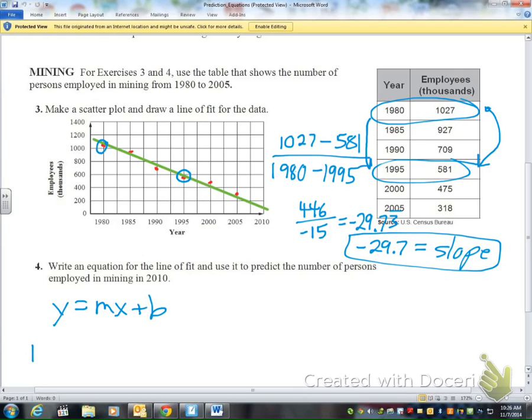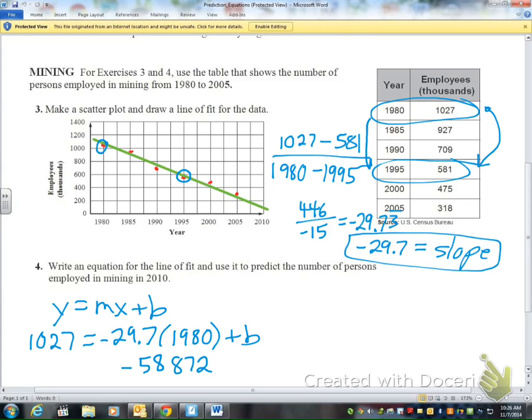So my y value is 1027 equals my slope, which is negative 29.7 times x, which is 1980, plus b, right? So negative 29.7 times 1980 gives me negative 58,872 plus b.